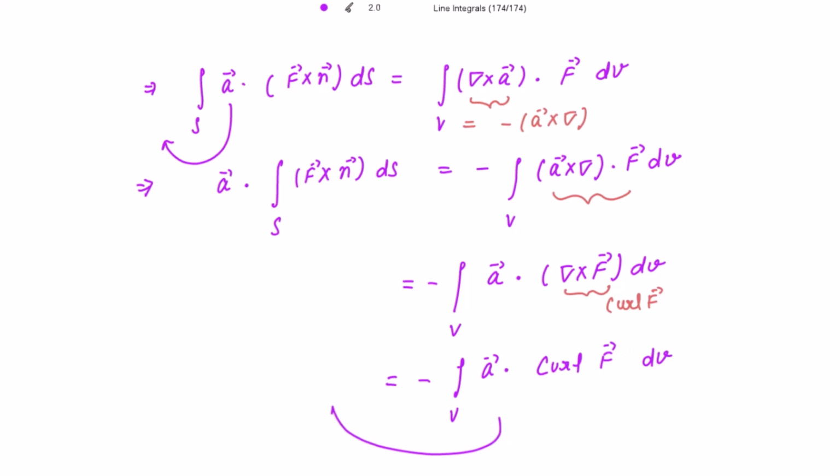Taking this integral to the left hand side, this implies the dot product of A vector with the surface integral of F vector cross N vector ds plus the dot product of A vector with the volume integral of curl of F vector dv equal to 0.